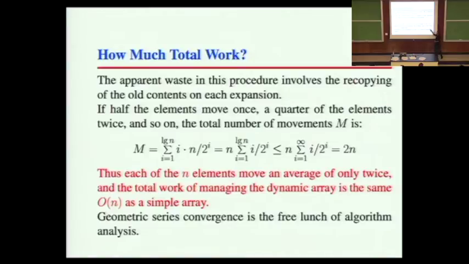How much work am I doing with this doubling business? It turns out I'm not doing more than twice n. So I'm only doing twice the amount of work I would do in a regular n size array. And this is what is surprising about this. It seems like we're wasting a lot of time, but when you actually analyze it, it turns out to be a lot better. You can improve the analysis that you're coming up with.